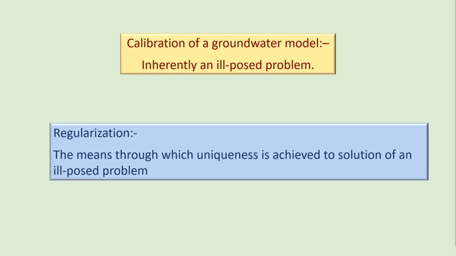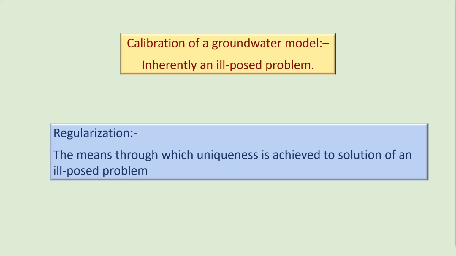Calibration of a groundwater model is an inherently ill-posed problem. The medium through which groundwater flows is heterogeneous. The conditions, the stresses which drive its flow, the boundary conditions that border its flow are all heterogeneous.